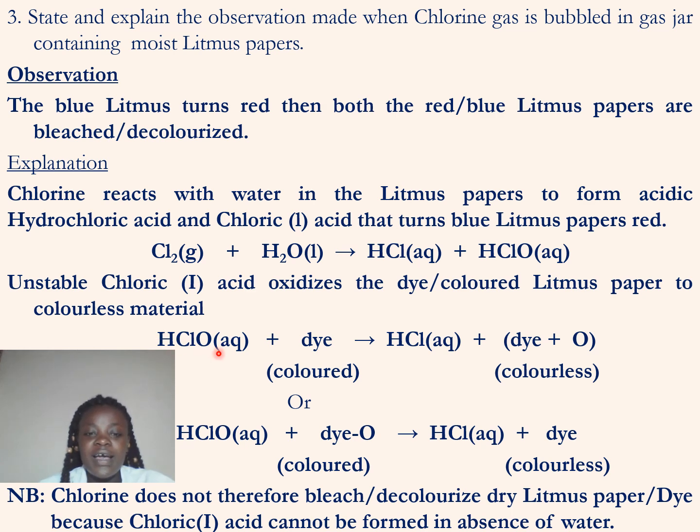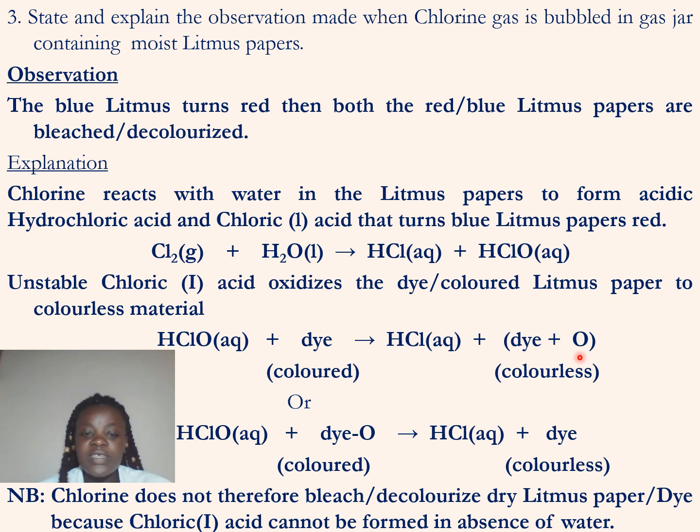So when it decomposes, it gives the oxygen to the dye, meaning it does what? It takes the color. So the colored dyes, that is the red litmus papers, will be oxidized. So meaning they will be bleached. So now we will be having hydrochloric acid, then a colorless dye.